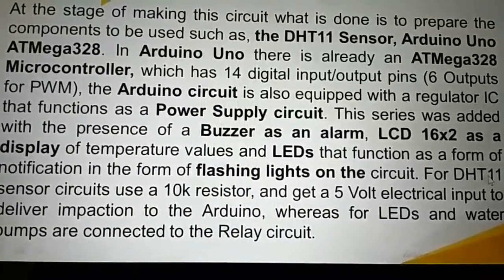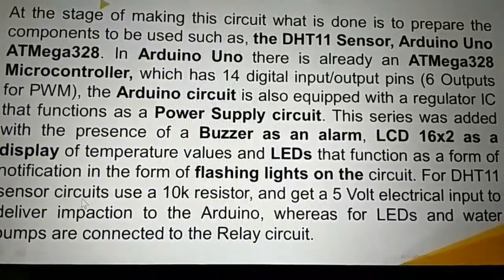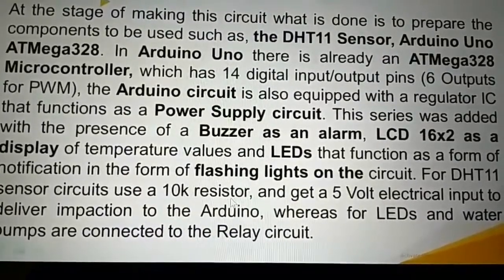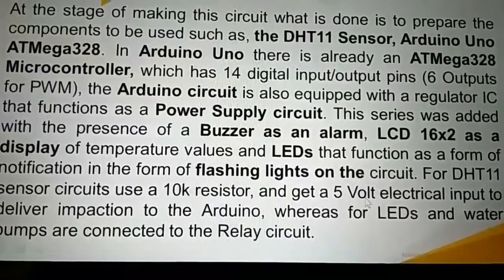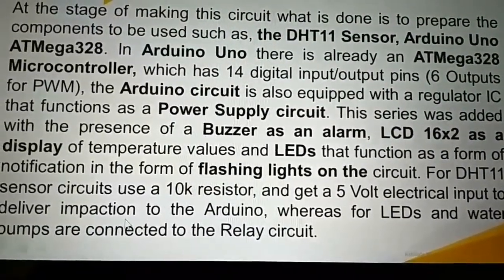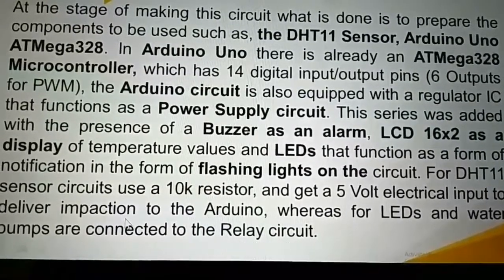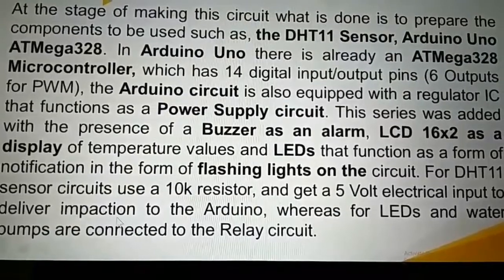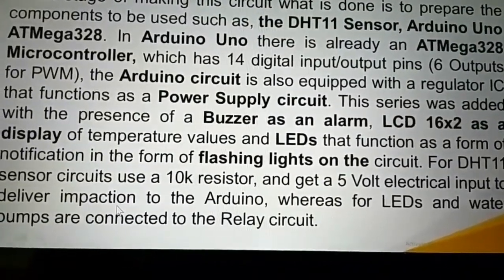And the DHT11 sensor circuit uses a 10K resistor and gets a 5-volt electrical input to deliver impulses to the Arduino, whereas the LED and water pump are connected to the relay circuit.